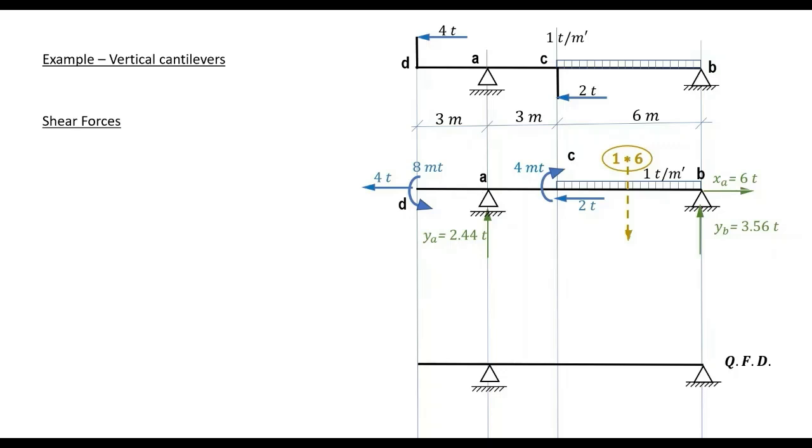We have no vertical forces causing shear. So QA left equals 0. But directly, QA right equals this 2.44 tons. The value of the shear is constant until we reach C.